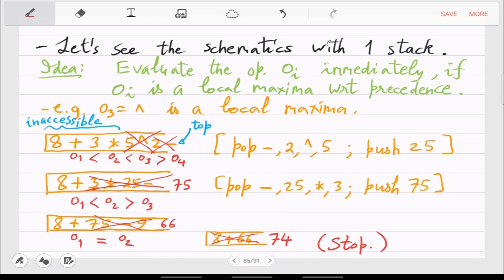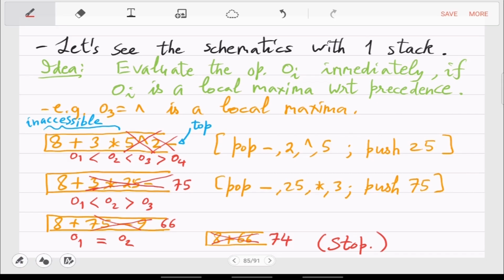It's a matter of tradition. So if you are just reading this stack, then you have pushed minus and you are checking minus and wedge and star. You are comparing these three to find the local maxima. So there are many invariants here. There are many assumptions which are being, let's say, followed.